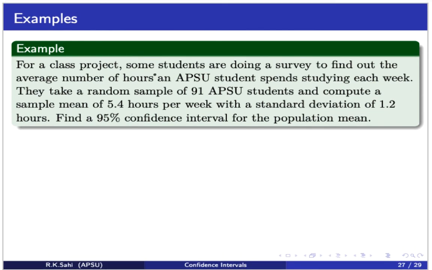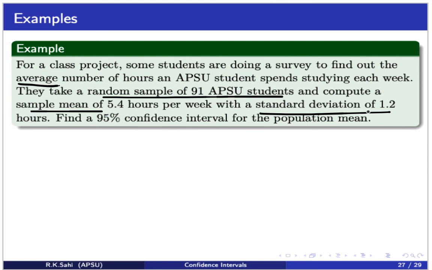Okay, so for a class project, some students are doing a survey to find out the average number of hours, average number is mean, an APSU student spends studying each week. They take a random sample of 91 APSU students and compute a sample mean of 5.4 hours per week with a standard deviation of 1.2.